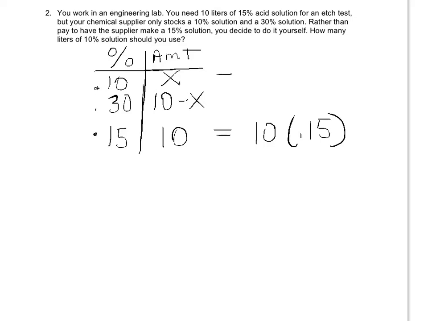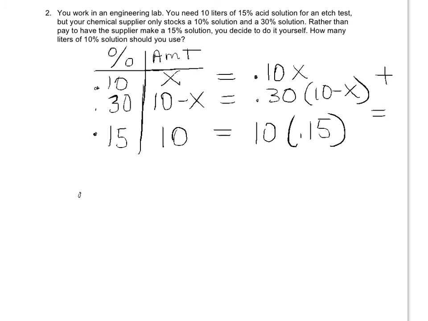So then what we're going to do again is multiply across, and we're going to get some of a 10% and some of a 30%, and the sum is the difference between the total and what we've already used. And then we're going to go part plus part equals total.